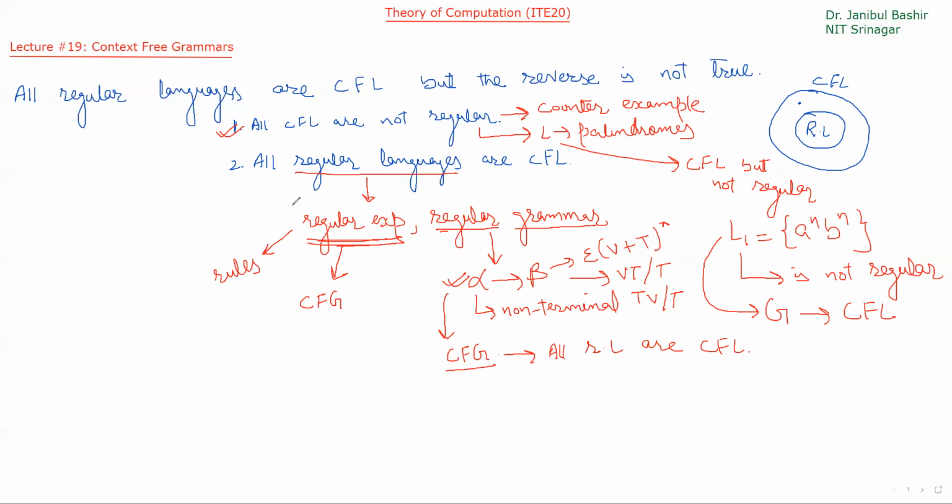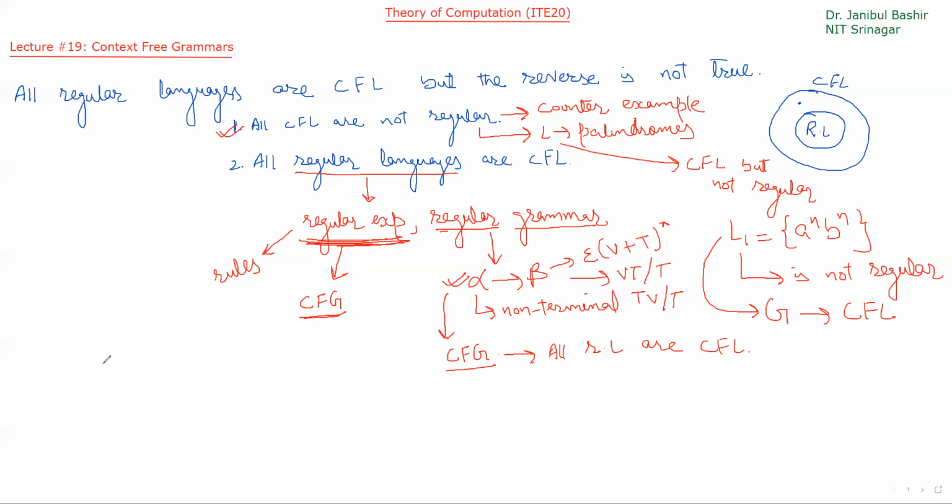So since every regular expression can be converted to a context-free grammar, every language that can be represented by a regular expression can be generated by a context-free grammar. So that means every regular language is a context-free language.